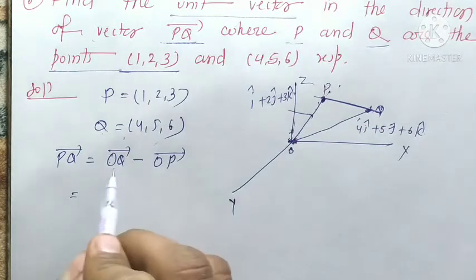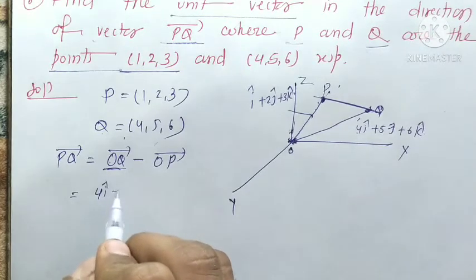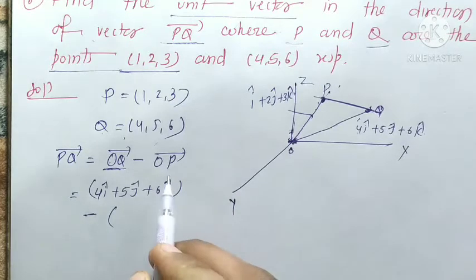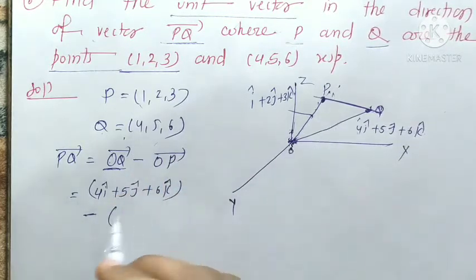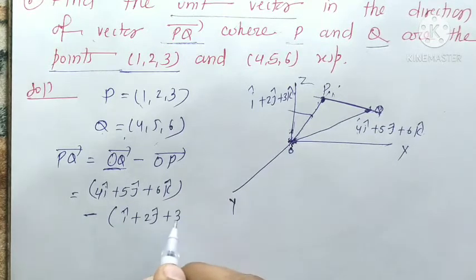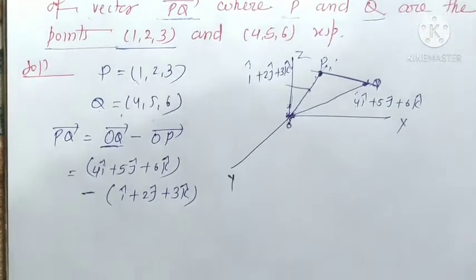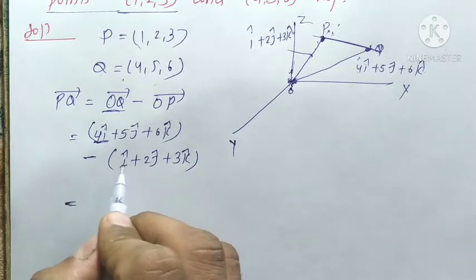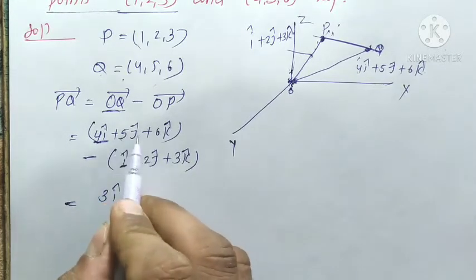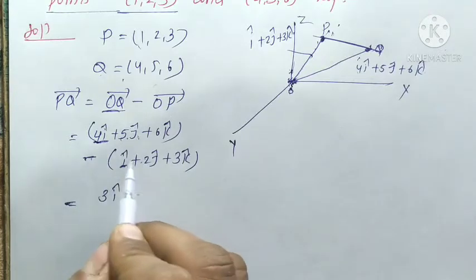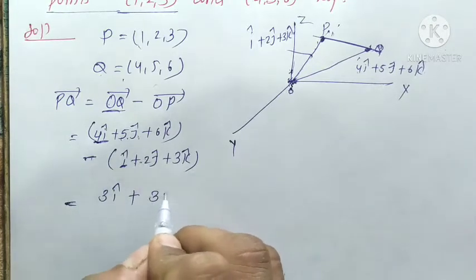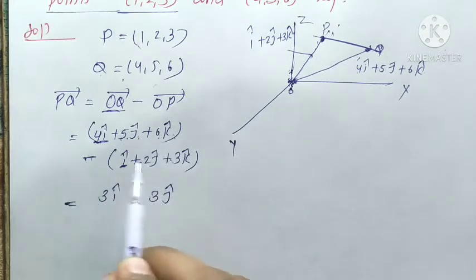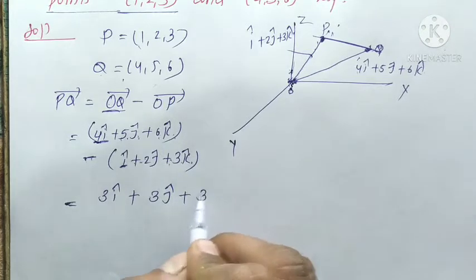So OQ is 4i plus 5j plus 6k, minus sign comes here, and now we write OP: i plus 2j plus 3k. Then 4i minus i is 3i, 5j minus 2j is 3j, and 6k minus 3k is 3k.